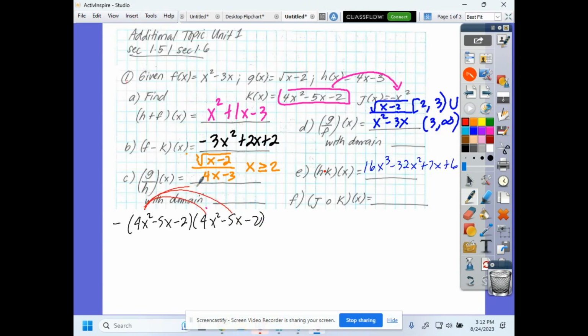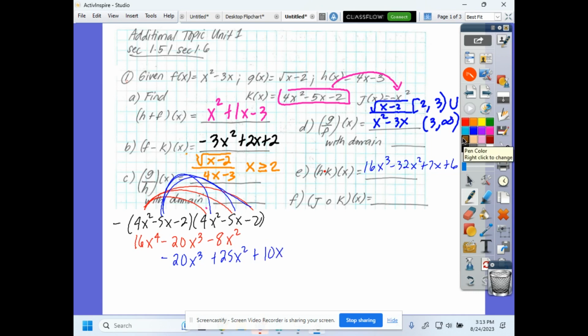Multiply everything by 4x squared. 16x to the fourth. Now we'll do the blue one. Now the last one is a negative 2.